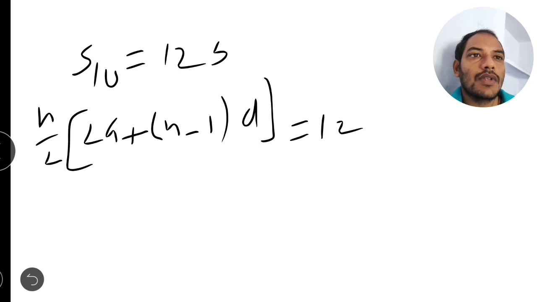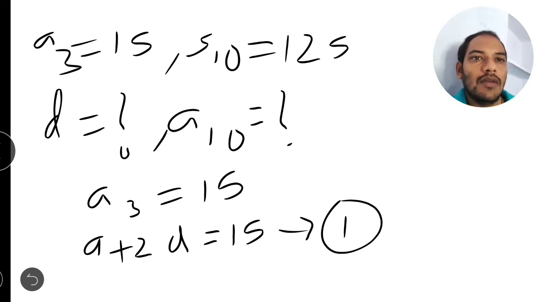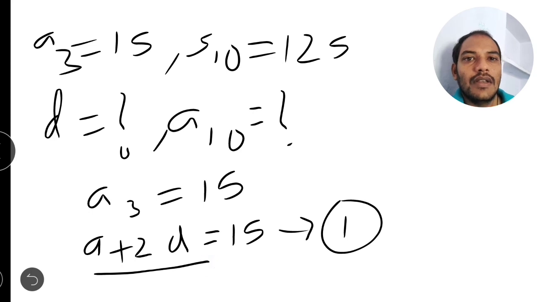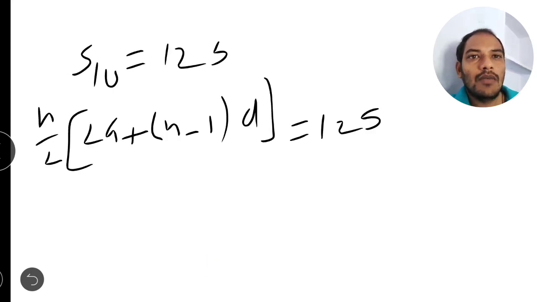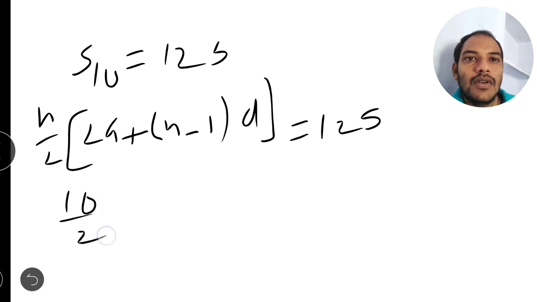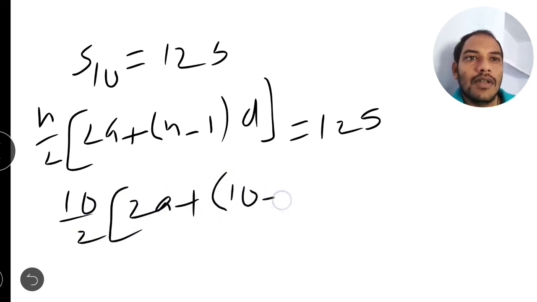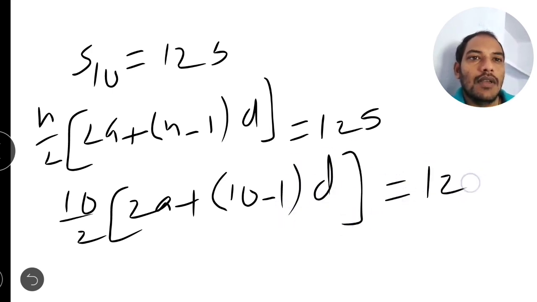Here, don't use the n by 2 of A plus An, because here An value is not available, and that too we need one more equation in the variables A and D. So A and D will be available in this formula only, not in the n by 2 of A plus An. So here S10 is nothing but 10 by 2 into 2A plus 10 minus 1 into D equals 125.